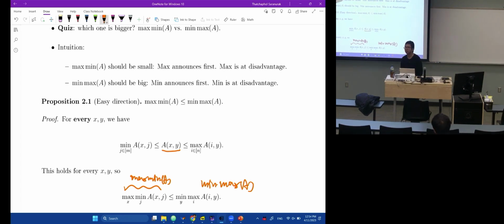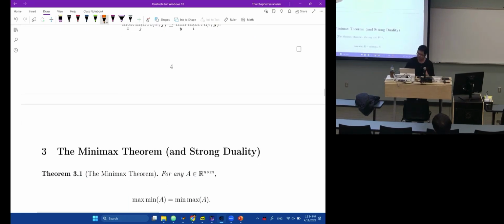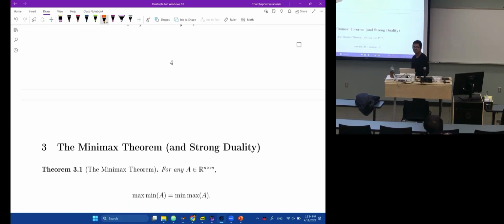Okay, so we get some relation between these two. Now it turns out that they are the same. And this is called the Minimax Theorem.